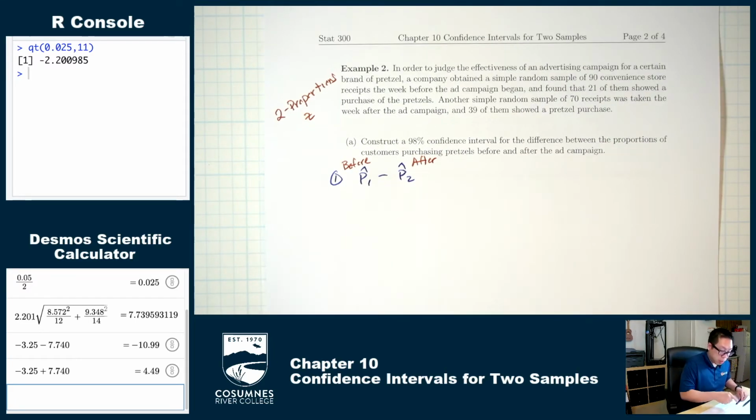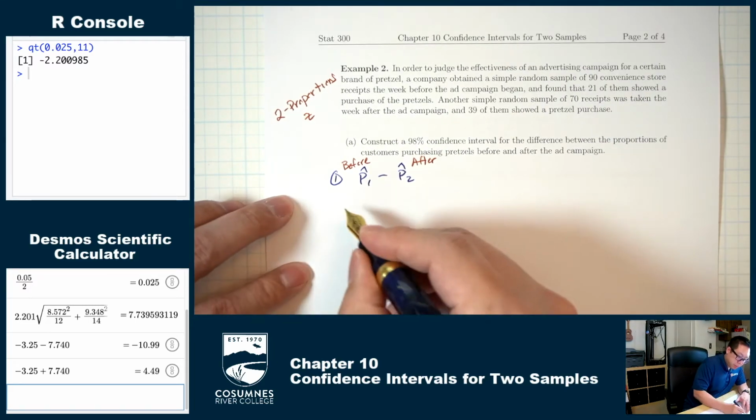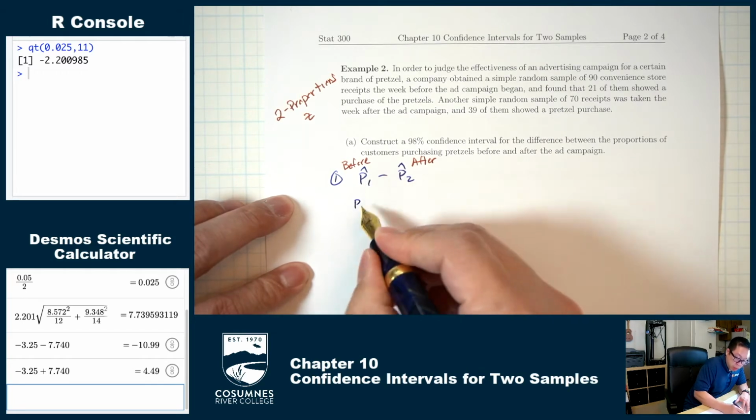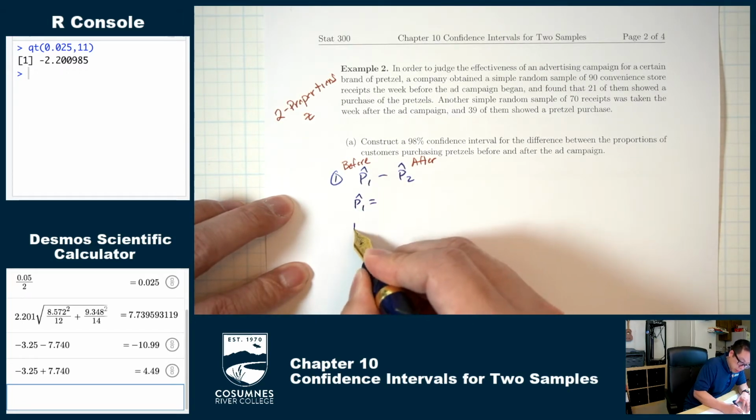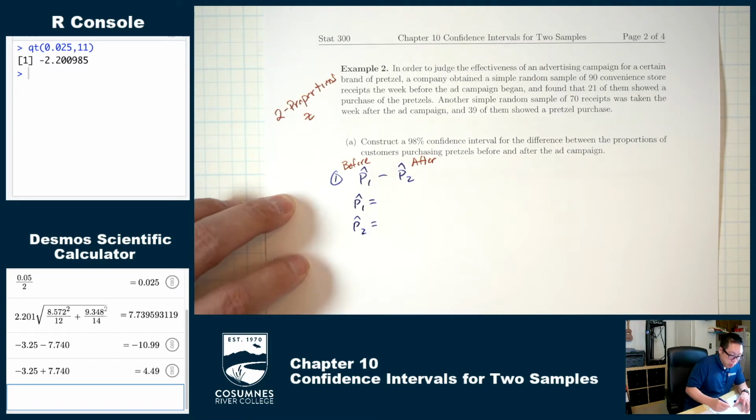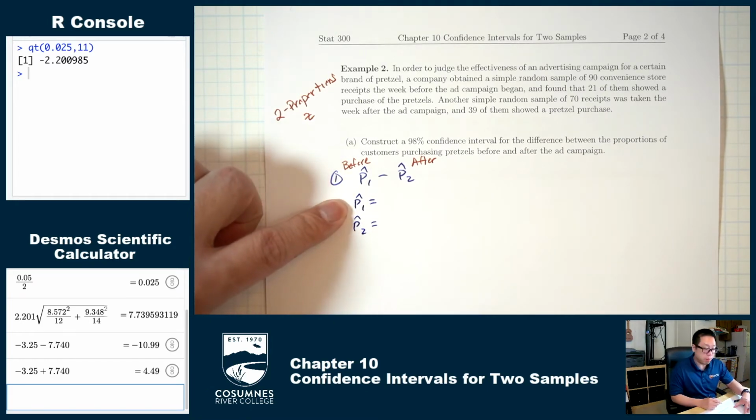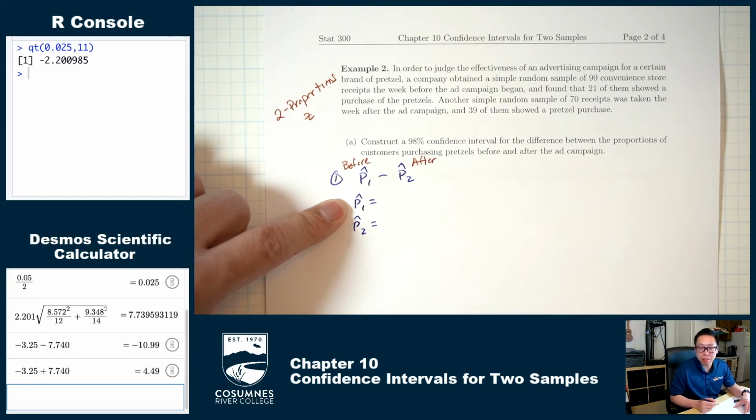I need to find P1 hat and P2 hat before I subtract them. P1 hat should be the proportion before. We're talking about receipts, and how many of those receipts bought a pretzel.